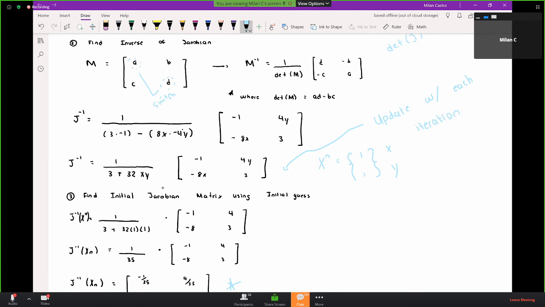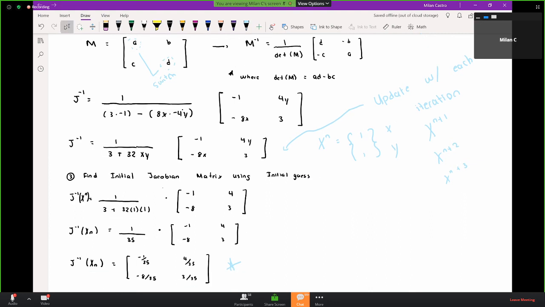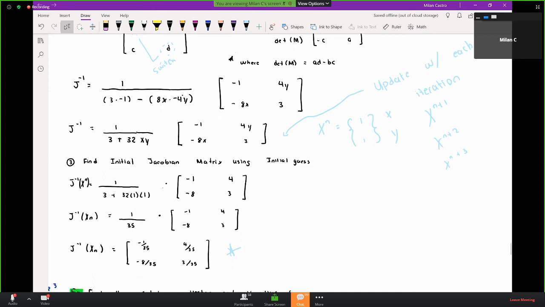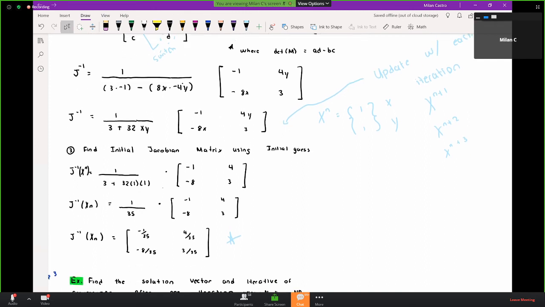Every time you get your xn plus 1, xn plus 2, and so on, this is what's going to constantly be changing along with your residual. We'll discuss that after we're done going through this. Wherever you have it on your paper, make sure you can see this formula clearly, because you're going to want to reference back to it a lot when you're doing this problem.